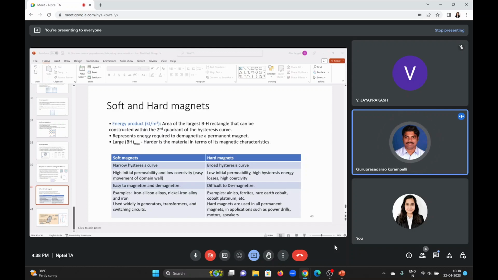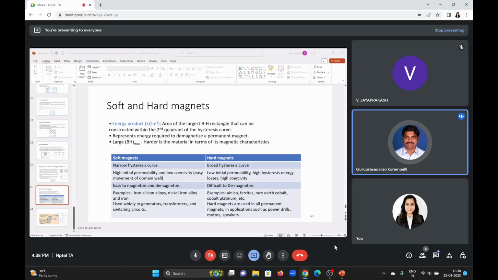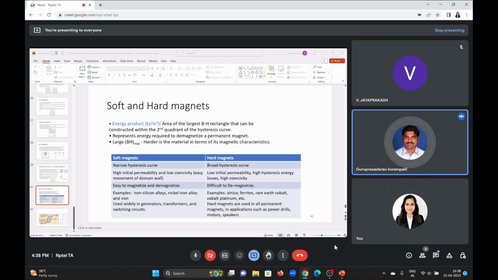Like that he has asked. The first one was 2 by a square. The last one he has given is root 2 into root 2 divided by a square.